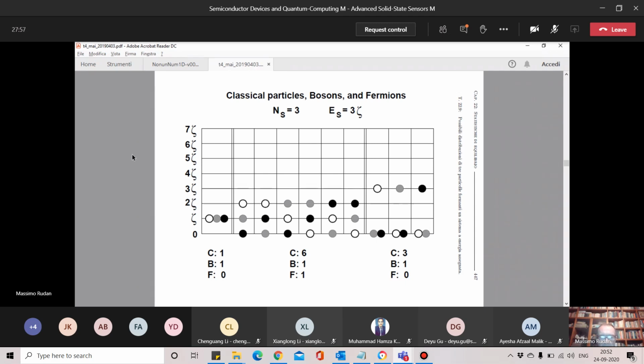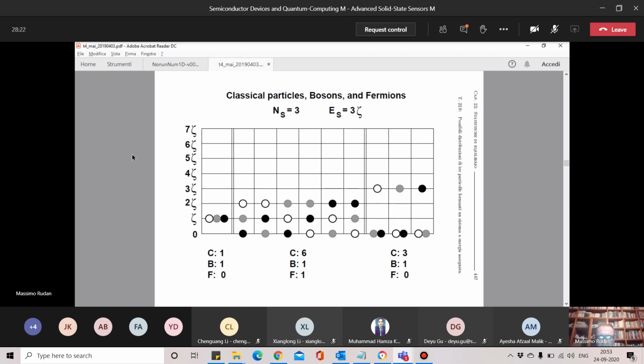And finally, you place the black particle on top. So you have a total of 6 possibilities of placing the 3 particles such that one particle is at level 0, one is at level 1, and the other is at level 2.